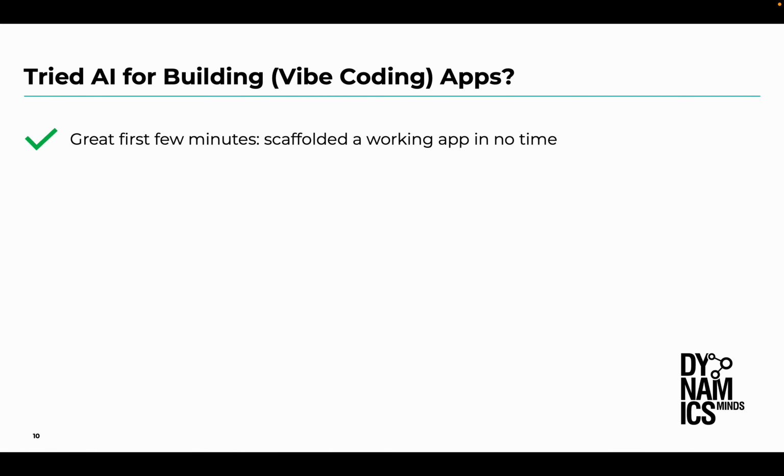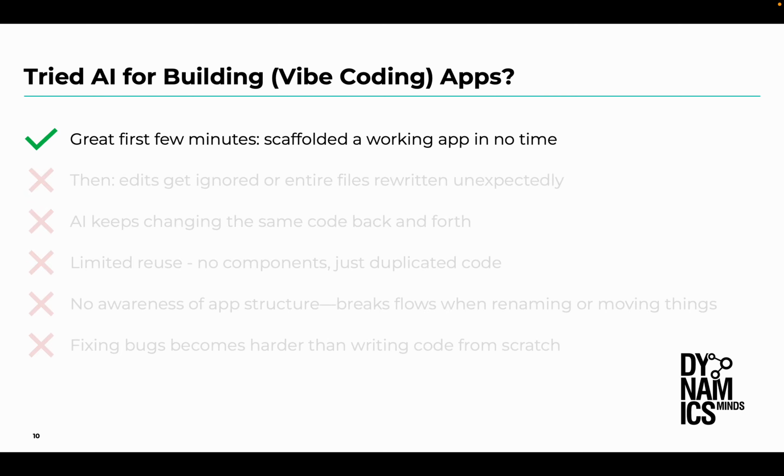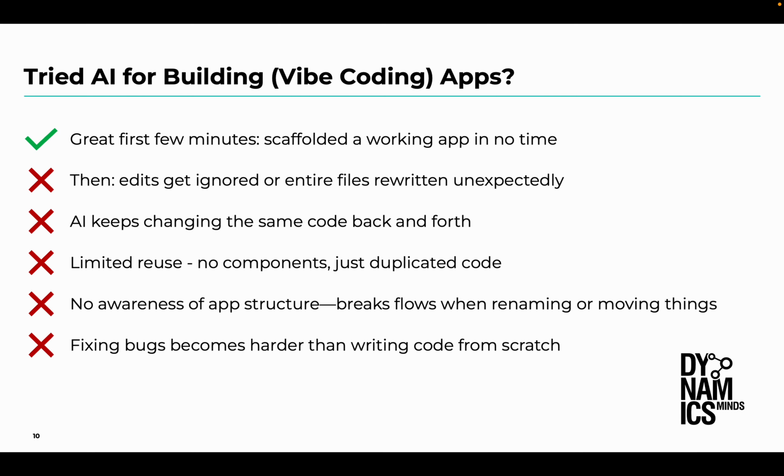So if you've tried building an app with AI recently, with tools like Cursor, V0, Bolt, you can see that within the first hour, it's amazing how quickly you can get to a working application which looks nice, but then it starts getting bad really quickly. So it's just easier to write new code than bug fix the generated one.